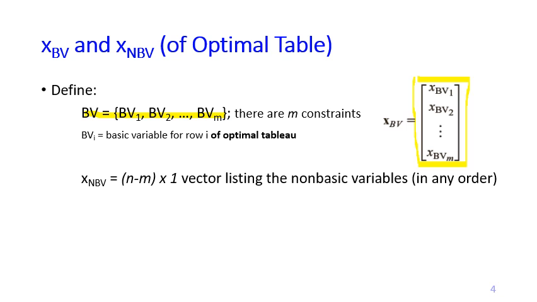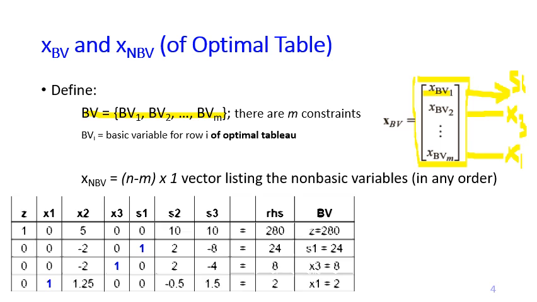We need to keep the order of these basic variables as they appear in the optimal table. If in the optimal table the first one is, let's say, s1, we need to put s1 as the first basic variable. If the second basic variable is, let's say, x3, then we need to keep it that way. And the last one, x1. We need to keep the order. You do not want to reorder them, okay?